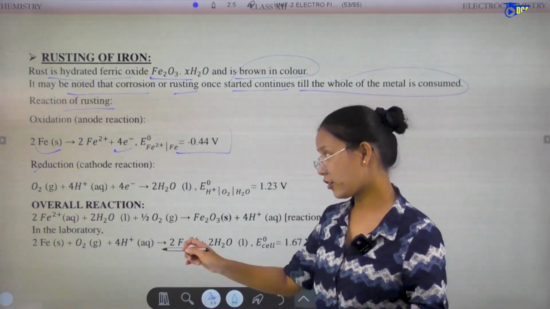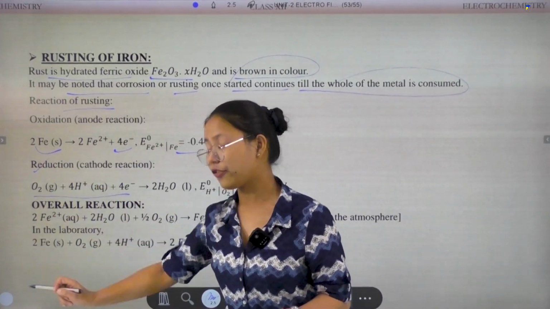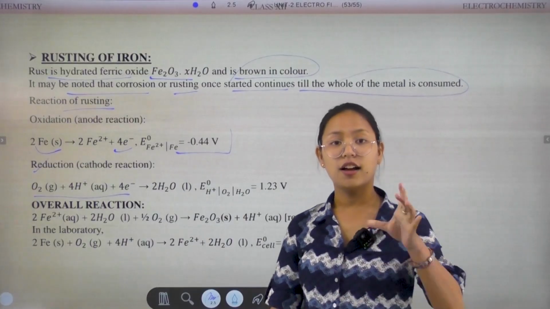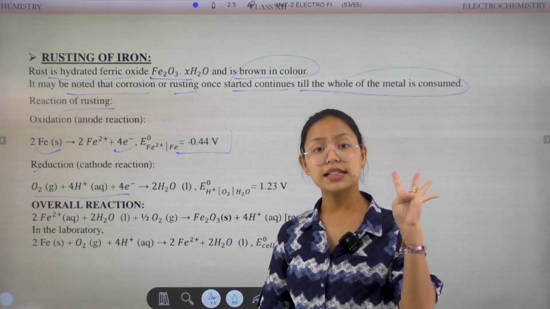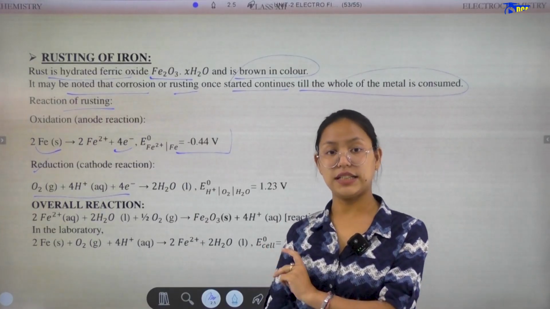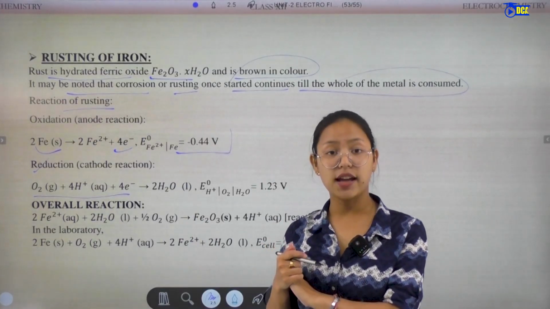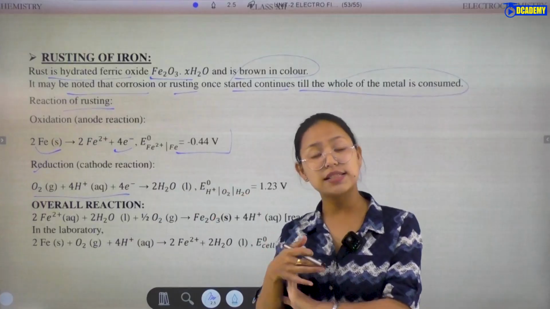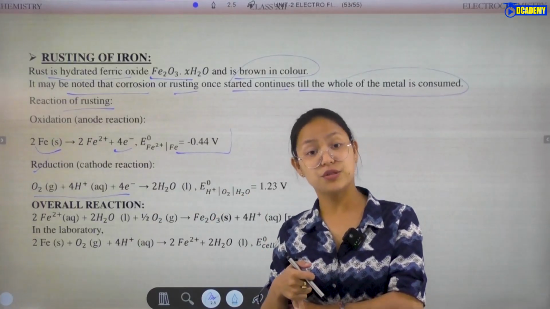Then here is the reduction. These are all the factors: oxygen and H plus. What is H plus here? It is from water. So corrosion is also a type of combustion reaction, an oxidation reaction.